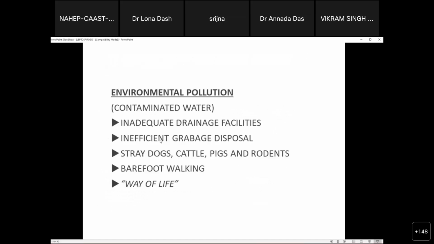In this context, I would like to mention that during one of the floods in 2018, it was found that certain clusters of slums or human living habitats were having more cases coming from these areas.